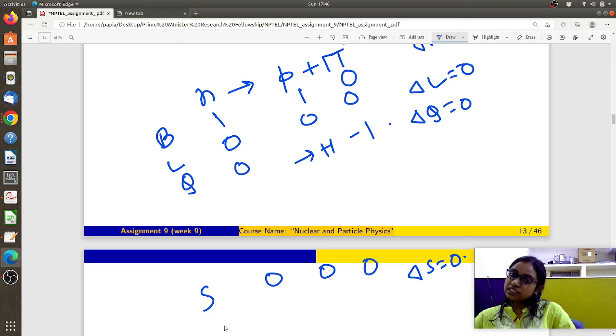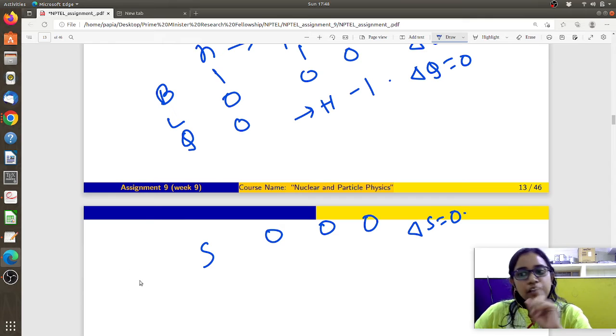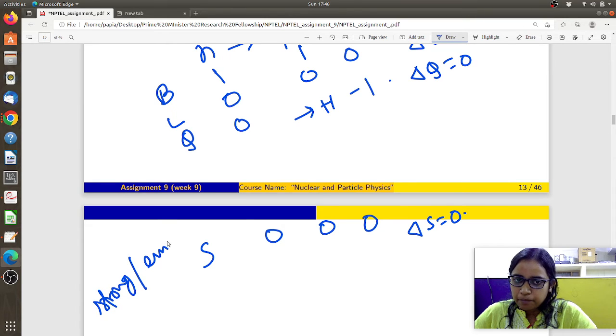Strangeness is conserved in that nuclear reaction. If strangeness is conserved, then it can be strong or it can be electromagnetic, right? But it cannot be a weak interaction, because in weak interaction strangeness is not conserved. So two possibilities there: one is strong or EM.